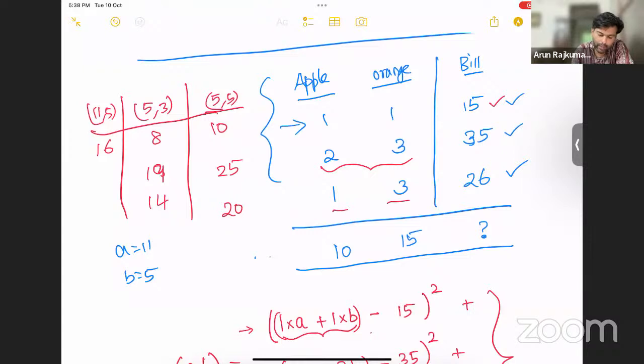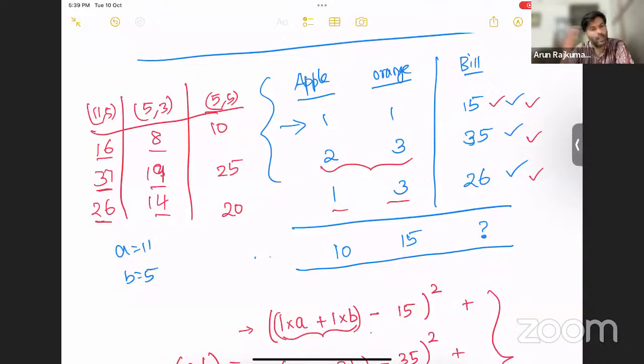On day 2, I'll predict 22 plus 15, which is 37. On day 3, I'll predict 11 plus 15, which is 26. So as you can already see, 16, 37, 26 matches 15, 35, 26 more closely than 8, 19, and 14.